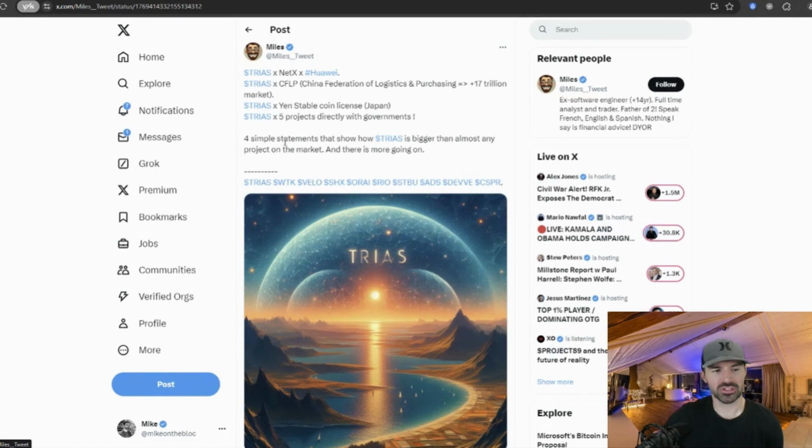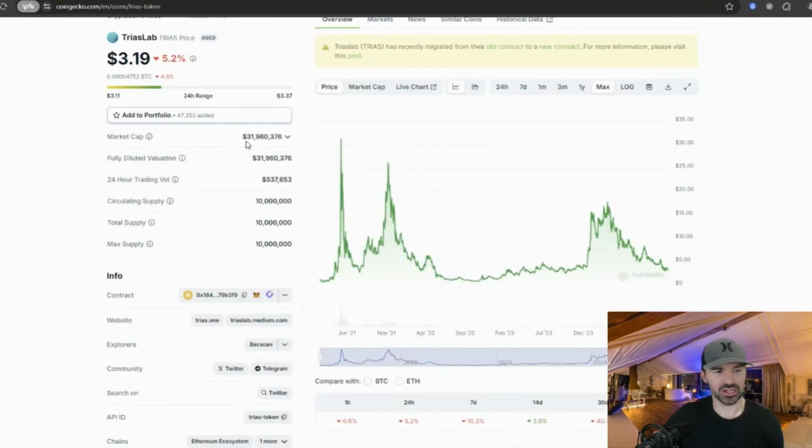So 4 simple statements that show Trias is bigger than almost any project on the market, and there is more going on. Not to mention, if you look at the market cap, Trias is only $31 million. Its fully diluted is also $31 million. Its total supply is 10 million and max supply is 10 million. And all the coins are now circulating. So that's why in the beginning, I was so bullish on Trias.